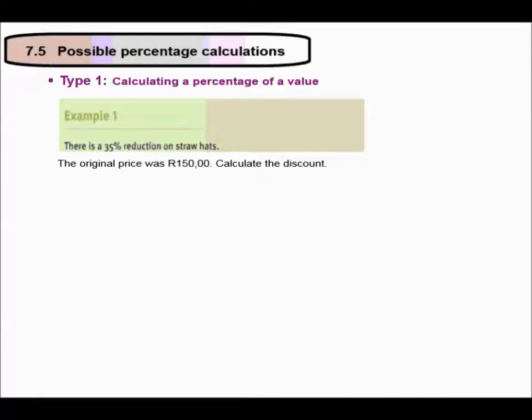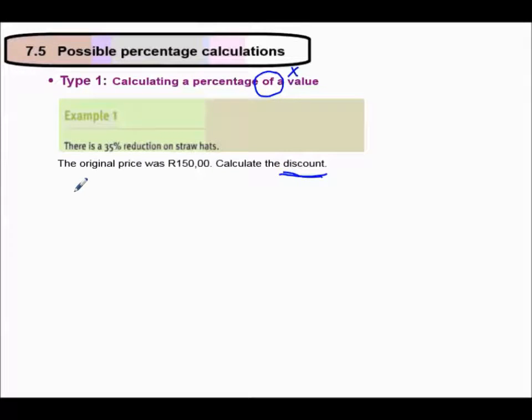Possible percentage calculations. Type 1 is calculating a percentage of a value. Remember, the word of means multiply. There is a 35% reduction on straw hats. The original price was 150 Rand. Calculate the discount, not the selling price, the discount.